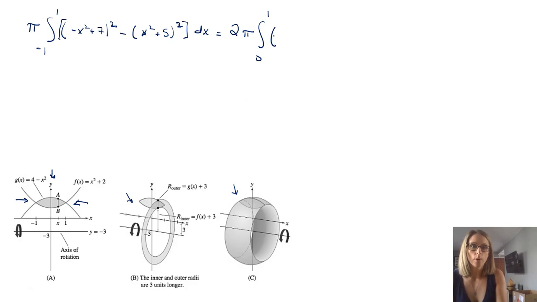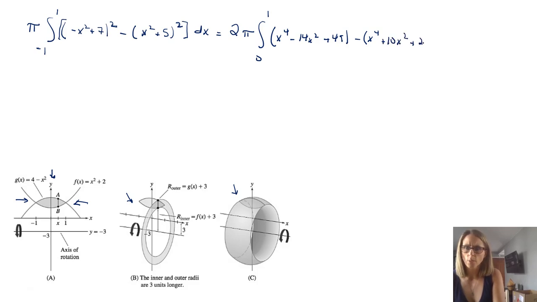So let me multiply out what I have inside. I'm going to have x to the 4th minus 14x² plus 49. So I'm actually going to do this one, as you can see, minus, and then we have x to the 4th plus 10x² plus 25, and that's all dx.